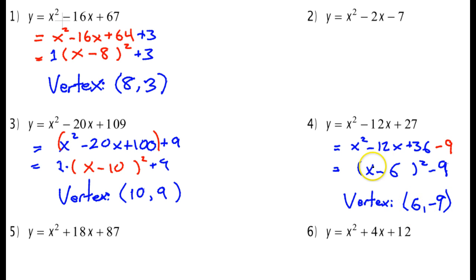Positive 6. So the signs are those off. I'll leave 2 for you. That's 4. That's subtract.